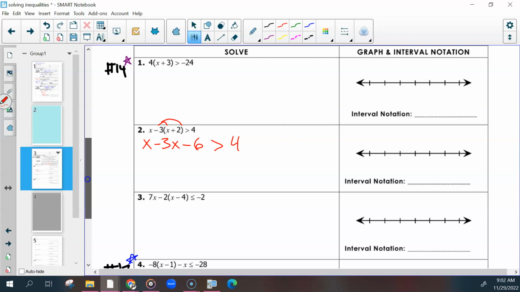Okay, we could do that, or combine them. The order in which you do that step doesn't matter. So let's say we combine them then add, or add then combine, it doesn't matter. I'm going to rewrite that over here. Negative 2x is greater than 10. So then when we divide, will our sign change or stay the same? Change.